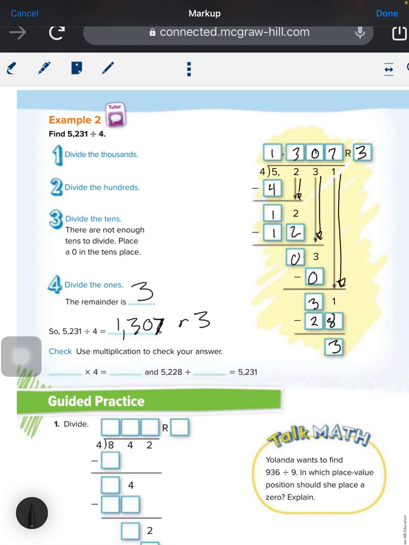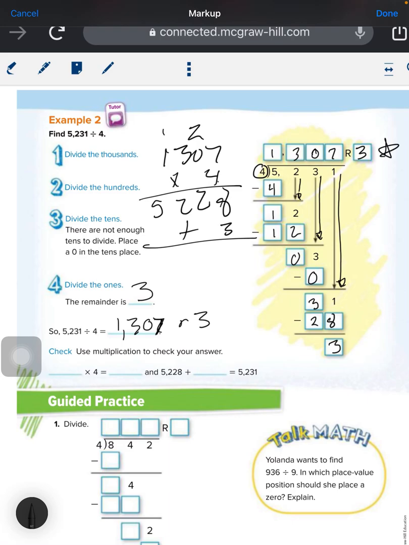Then we can use multiplication to check our answer, and how we would do that is we would do 1,307 times the divisor. 4 times 7 is 28, and 4 times 0 is 0. Bring down the 2. 4 times 3 is 12. 4 times 1 is 4. Add the 5 would be 5. 5, 2, 3, 1. Oh, and don't forget we have to add our remainder.